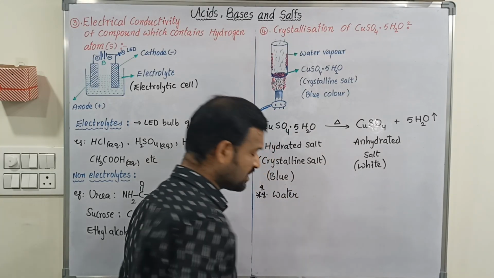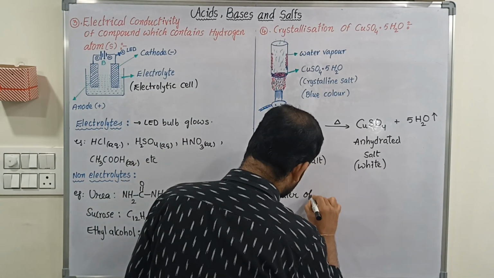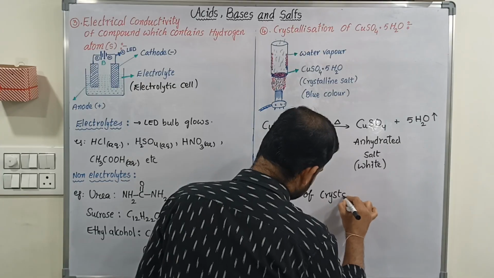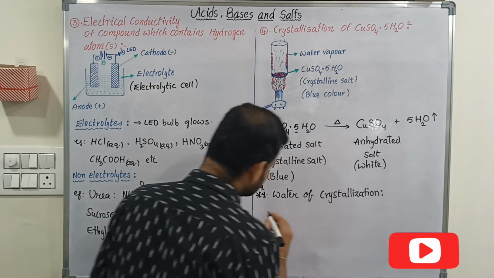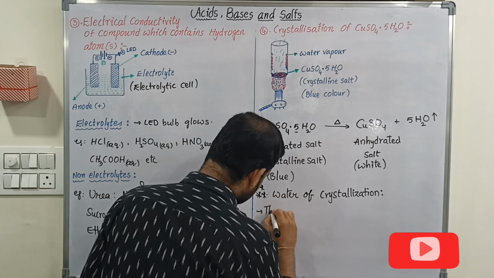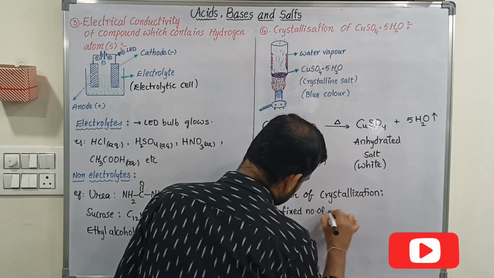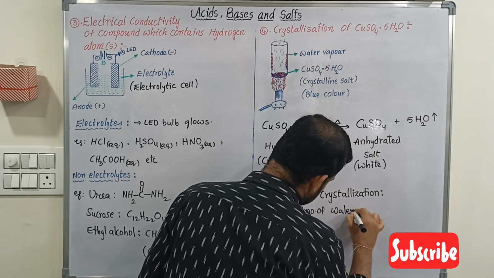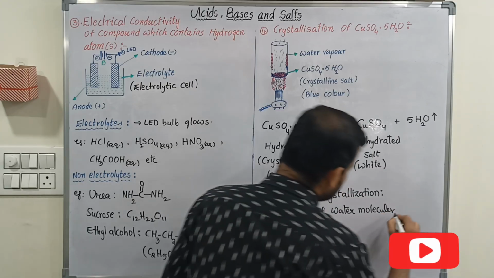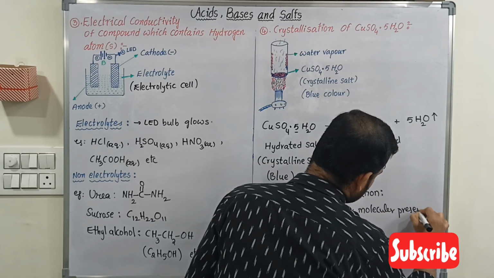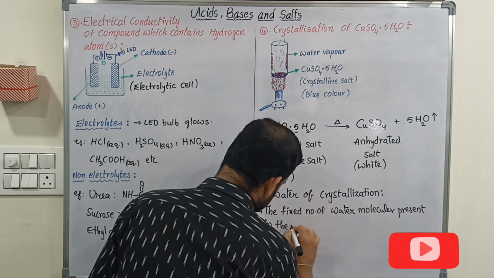A very important topic here is water of crystallization. In the exam they will ask, what is the water of crystallization of the given salt? Water of crystallization means the fixed number of water molecules present in the salt.